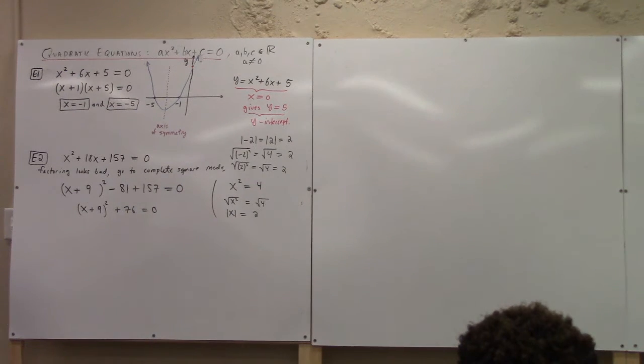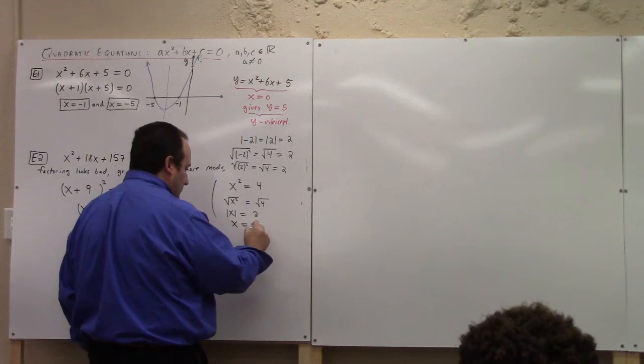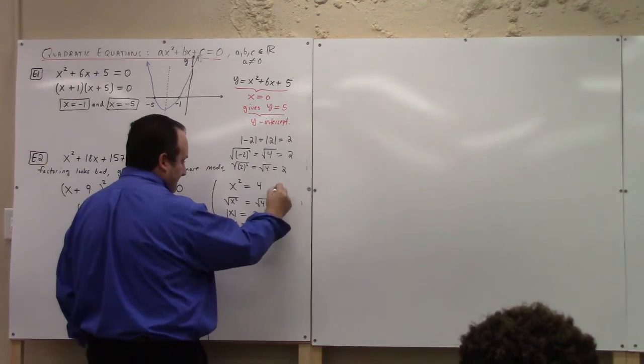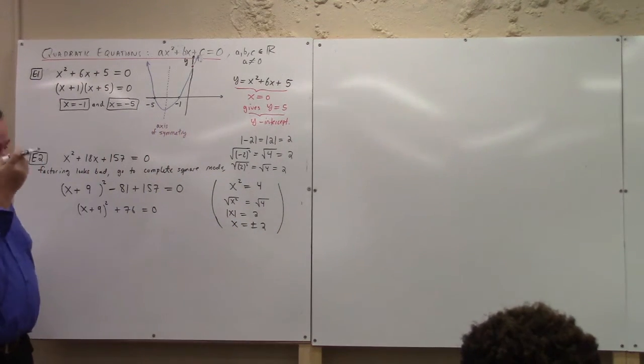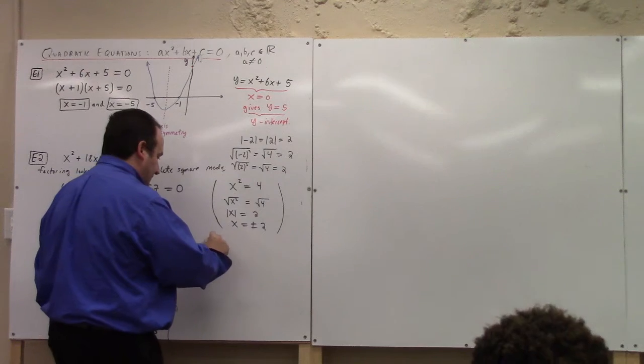So what I'm trying to say is that the solution's not just 2, it's actually plus or minus 2, right? You don't want to go through this every time, so what you do instead is you have a theorem, and the little theorem is this.